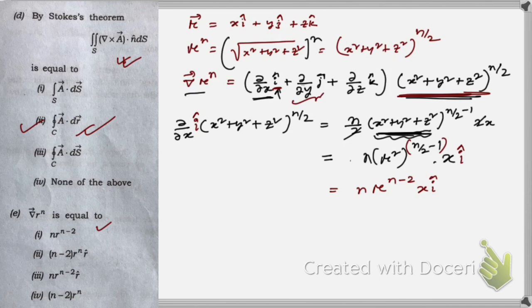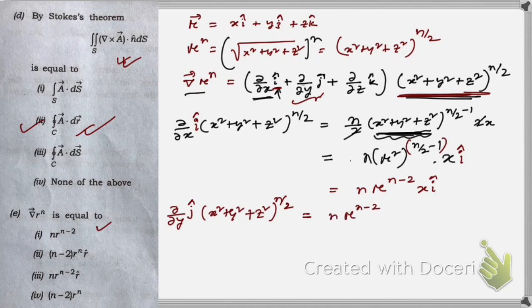So then if you find del y here z cap and x square plus y square plus z square whole to the power n by 2, that's going to be equal to n r to the power n minus 2, if you see the pattern.